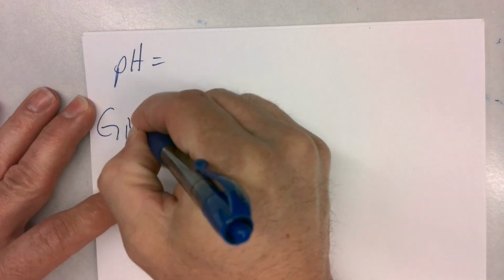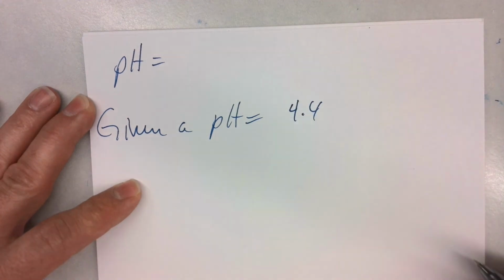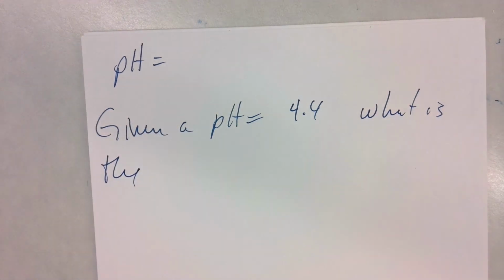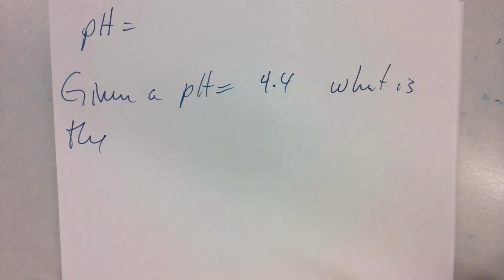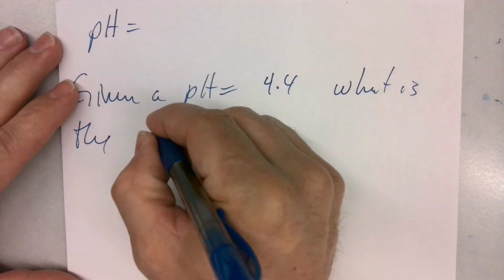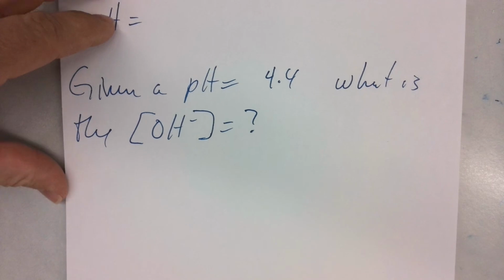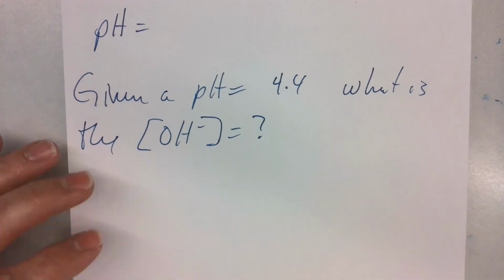So if I said given a pH equal to 4.4, what is, well, let me ask you, what would be the hardest thing they could ask you to find here? pOH? That'd be the hardest? Oh, wait, no. Concentration of OH. Yeah, what is the OH negative concentration equal to? Okay, now it's not identical to this, obviously, but it is a similar type question to this.